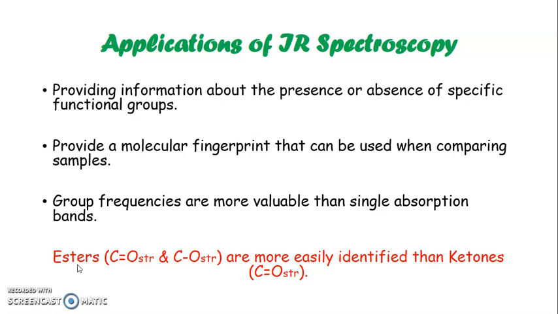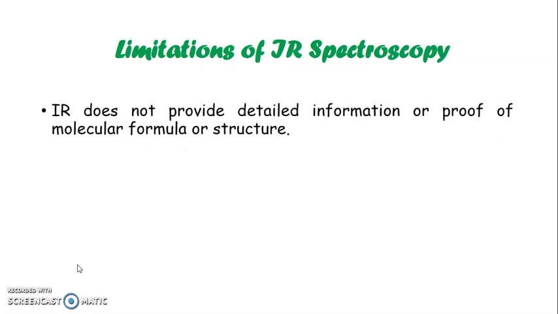It is also interesting that absence of a characteristic absorption may be more illuminating than its presence while identifying a molecule. IR spectroscopy has some limitations in that it does not provide detailed information or proof of molecular formula or structure.